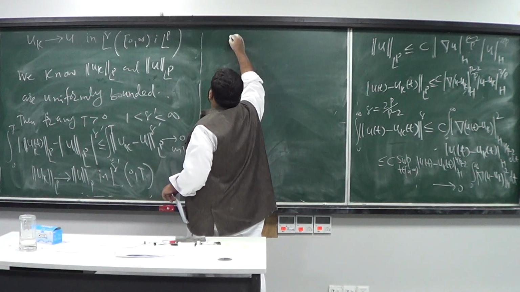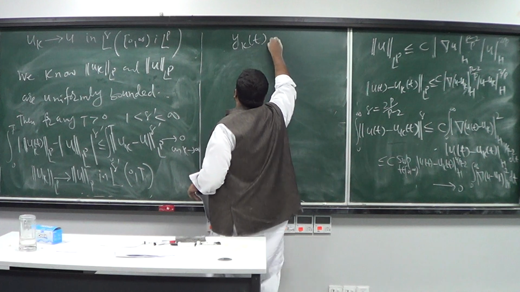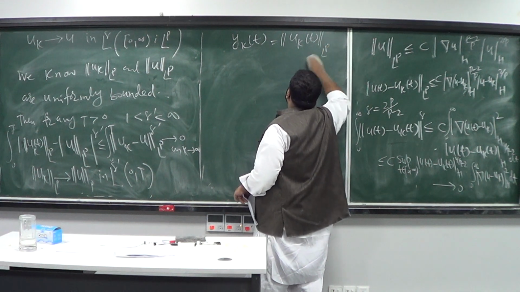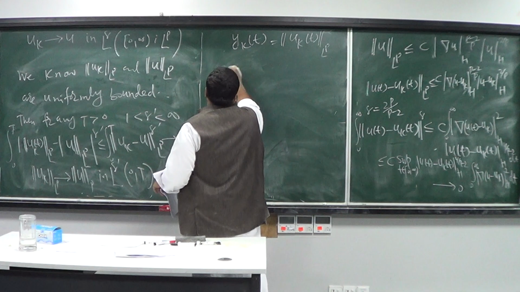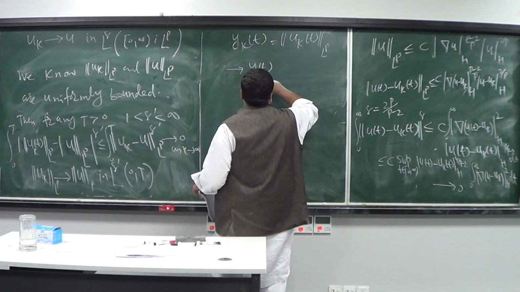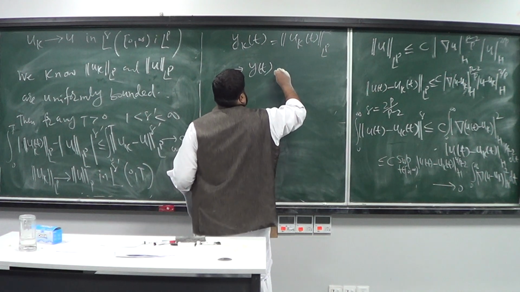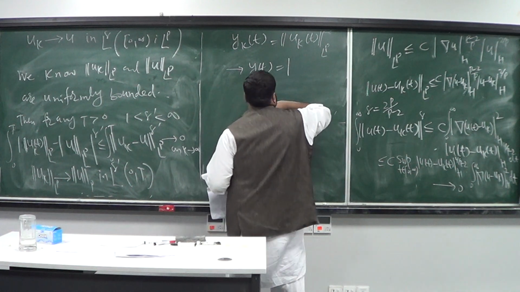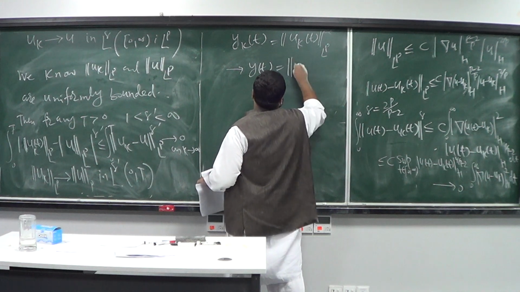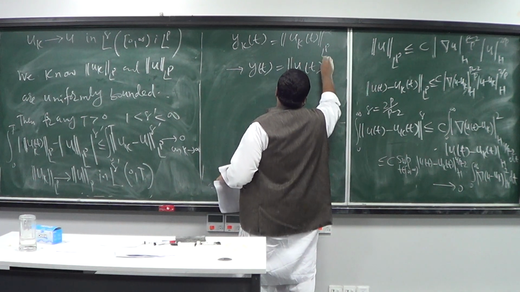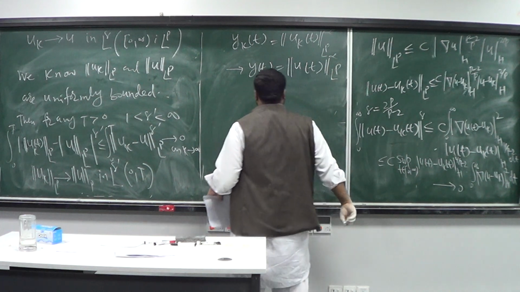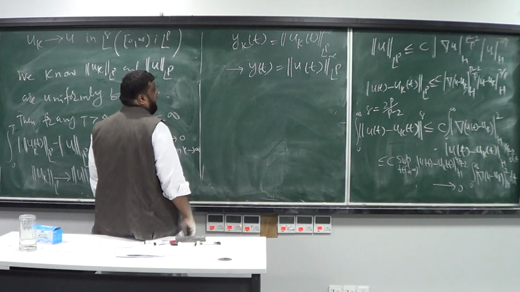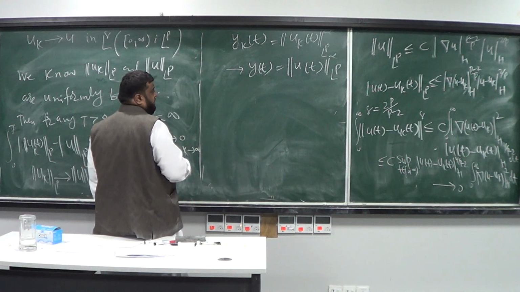You can also show that Y_k of t, which was the L^p norm of u_k of t raised to alpha, converges to Y of t, the L^p norm of u of t raised to alpha, almost everywhere, because strong convergence implies almost everywhere convergence. Alpha we specified previously.